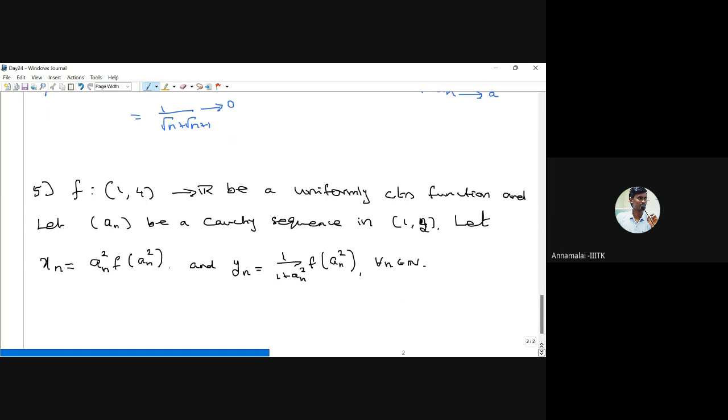So the first option is both xn and yn are Cauchy. That is the first option. Second option is xn is Cauchy, but yn is not Cauchy.